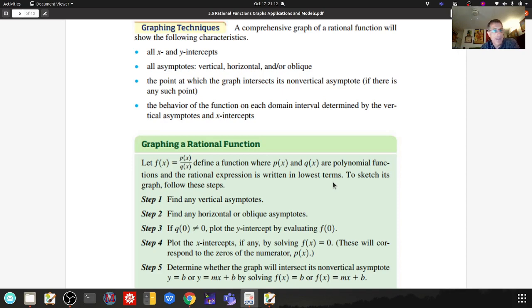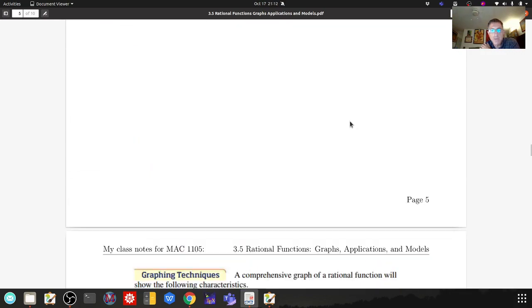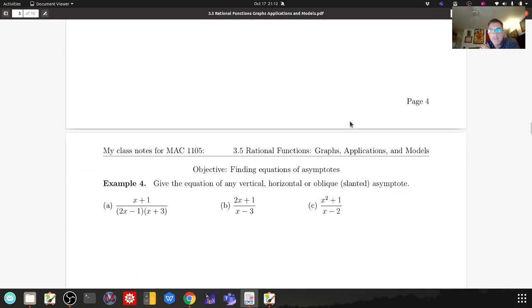You find all asymptotes, vertical, horizontal, and oblique. You want to find the point at which the graph intersects its non-vertical asymptote. So we'll go back and deal with that one. I forgot that one. And then you define the behavior of the function on each domain interval determined by the vertical asymptotes.